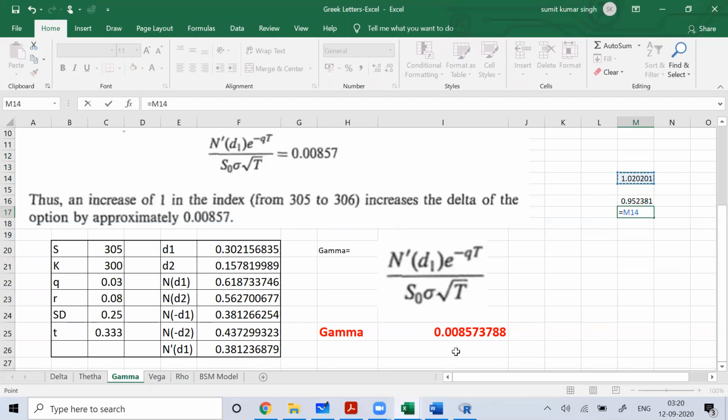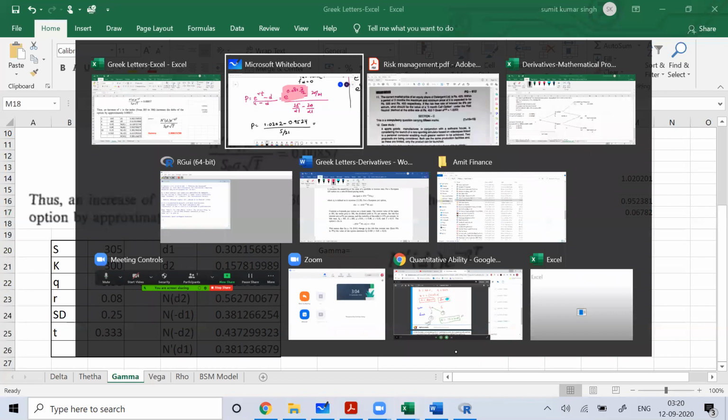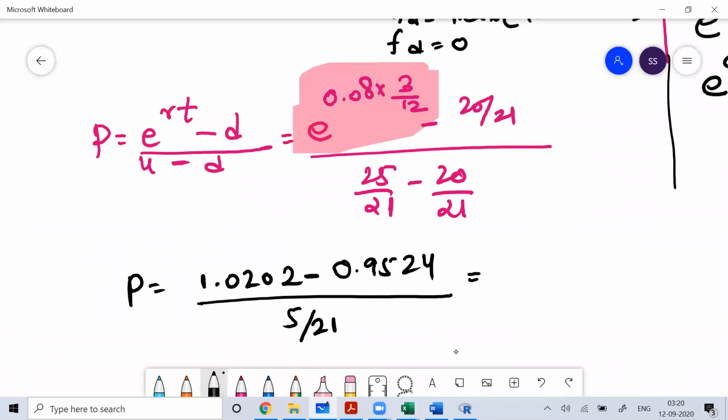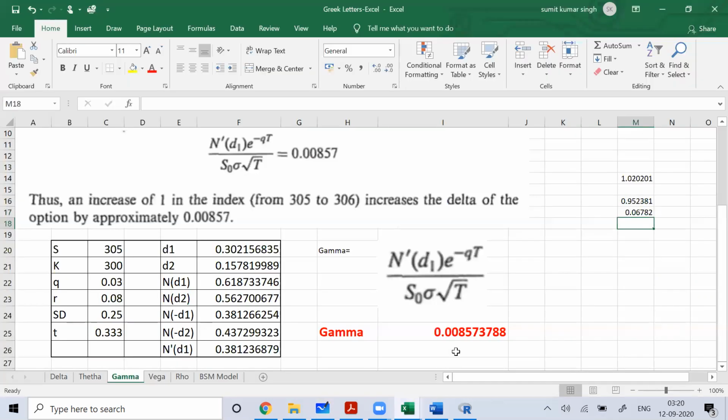This minus this is your numerator, that you can do with a normal calculator. I'm doing MS Excel, so please don't get confused with that part. This is 5 divided by 21, which is my denominator. So I got 0.2848.